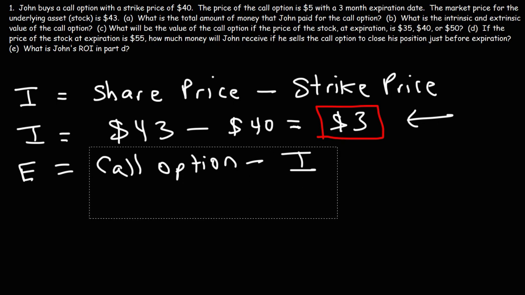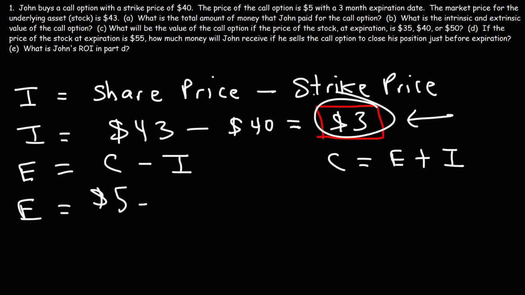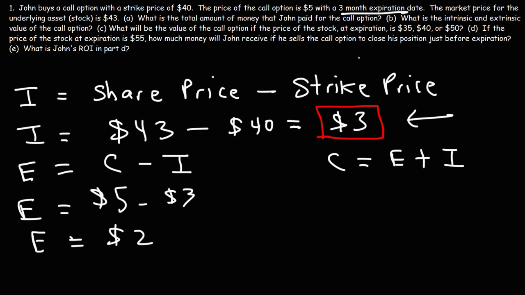Let's use C for the price of the call option. Because keep in mind, the call option is the sum of the extrinsic value plus the intrinsic value. John paid $5 for the call option, and we know that the intrinsic value is $3. So therefore, the extrinsic value is $2. So the $2 in the $5 call option has to do with the time premium, that is the 3-month expiration date, and also the current volatility of the underlying asset or the stock.